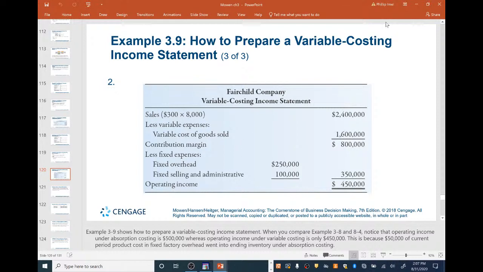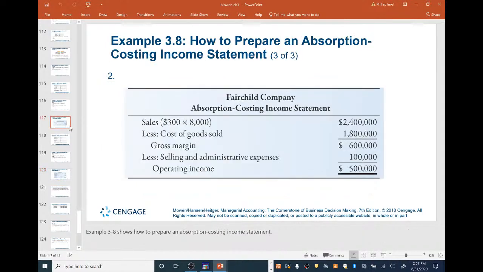Under the variable costing income statement, we can see the operating income is $450,000, whereas on the absorption costing, the operating income is going to be $500,000. Okay, which makes sense because we're taking more selling and administrative and period expenses away for the variable one as opposed to the absorption one, so the operating income will be less.